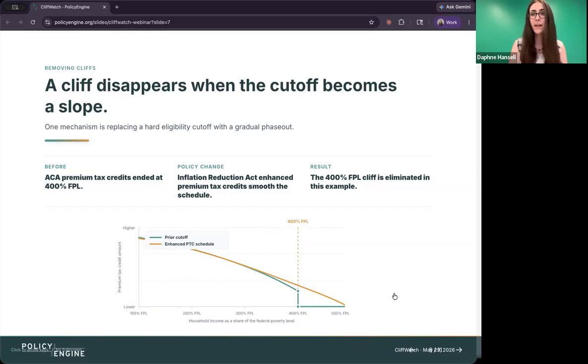These were introduced in the Inflation Reduction Act, and they got rid of the cutoff of eligibility for the Affordable Care Act at 400% of the federal poverty line and just phased out with earned income. But as those expired, the cliff is back. So this is an example of the type of policy that can reduce cliffs.